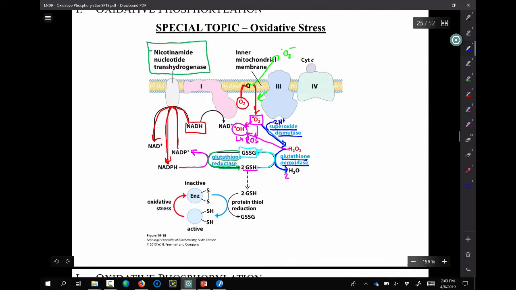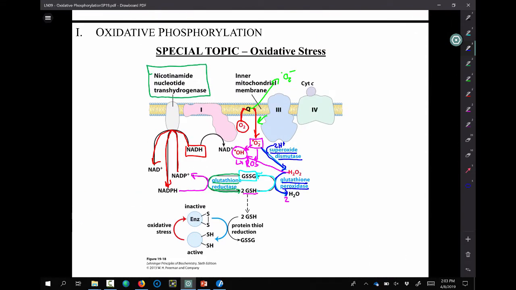We looked at these reactive oxygen species on Friday, and how the mitochondria deal with them: superoxide dismutase takes the superoxide radical and makes hydrogen peroxide. Glutathione peroxidase can then reduce that hydrogen peroxide to water, but it has to have an electron donor, glutathione. Once used in this reaction, glutathione becomes oxidized glutathione, and that has to be re-reduced by glutathione reductase, which uses NADPH.